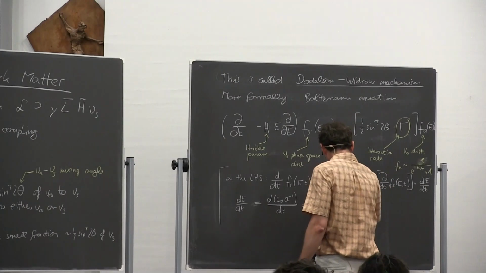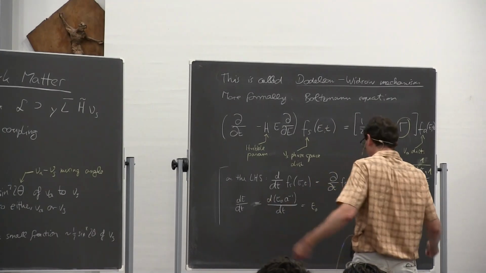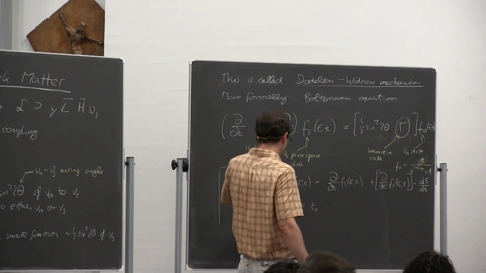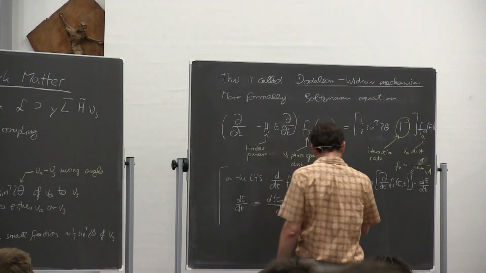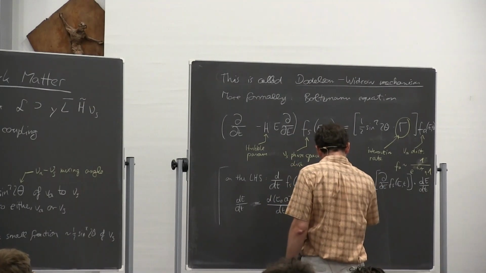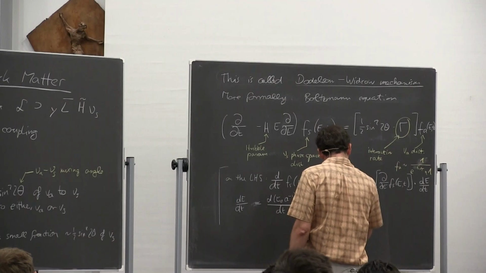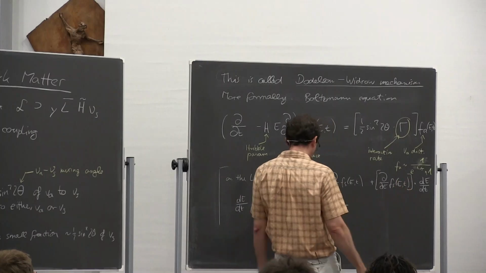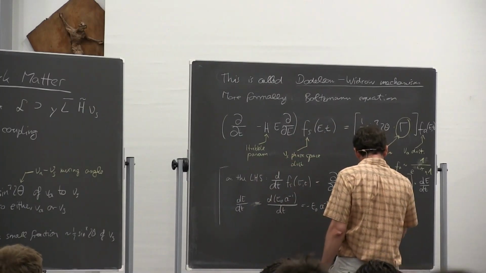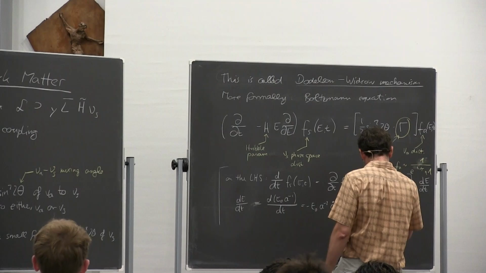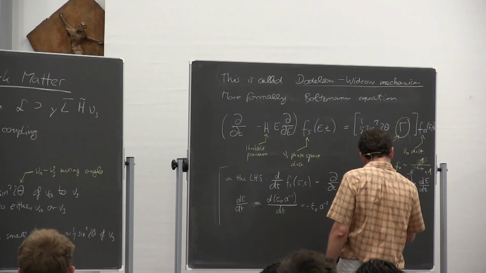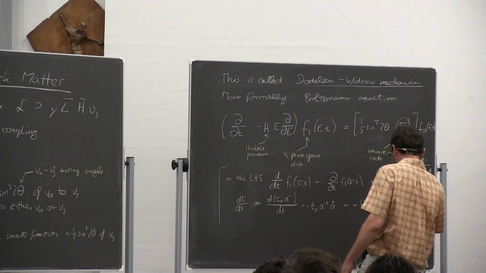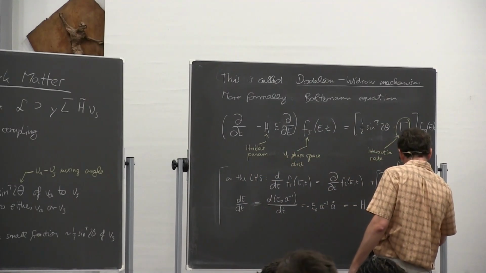So E0 is, let's call it, the co-moving energy that can be pulled out of the time derivative. Now the d over dt acting on a to the minus 1 gives minus a to the minus 2 times a dot. Now a dot over a is just Hubble. So that's the Hubble parameter times E0 a to the minus 1. And E0 a to the minus 1 was just E. So this gives minus H times E.